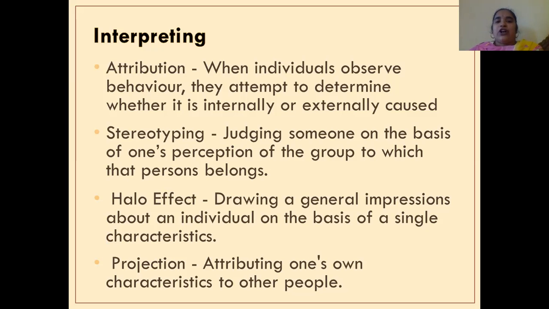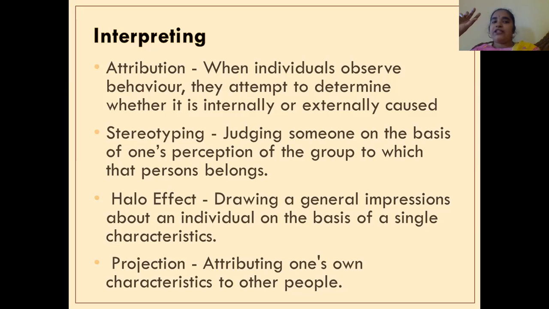Attribution means you are trying to observe a behavior, and ask whether the way I'm behaving is because of a memory within me, or maybe something has caused it. Say for example, you get angry because of some event. You try to attribute what is the cause of my anger. Is it because I was hurt physically or mentally, is it caused by an external person, or am I angry or sad because I remember something?